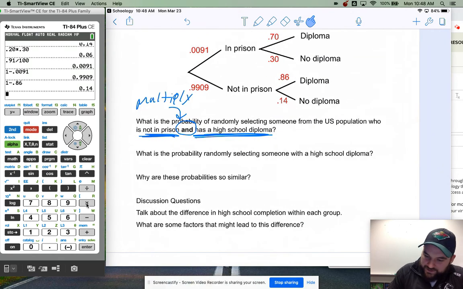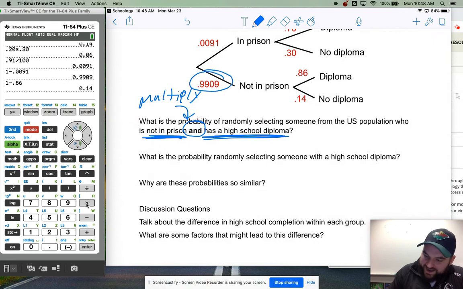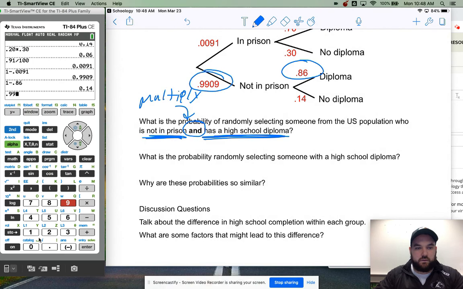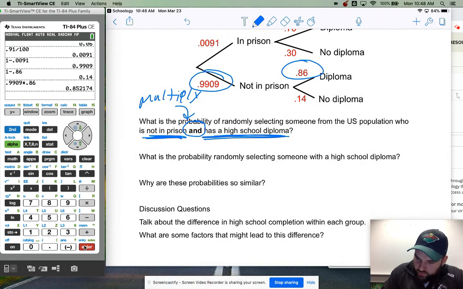Okay, they are not in prison and they have their high school diploma. So I'm going to take 0.9909 and times that by 0.86. So the probability I choose someone is 0.852, or about 85.2%.